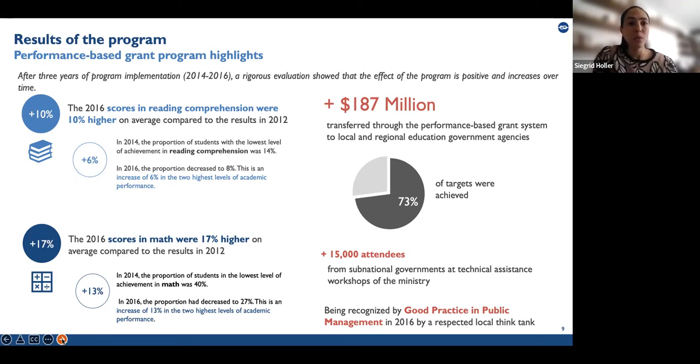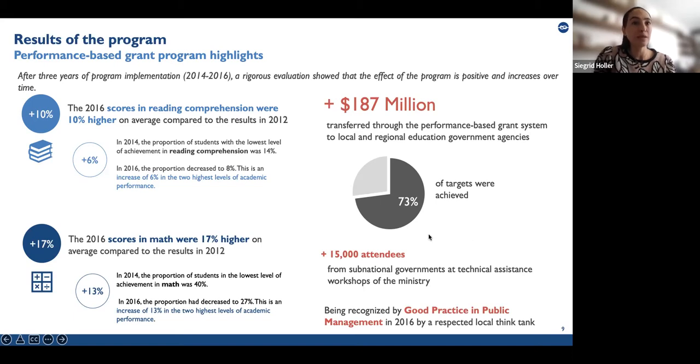There is an evaluation, we didn't do it, that measures the impact of the program, and it showed very promising results, such as increases in math and reading scores of 17 and 10% respectively. This has been a successful program. It has disbursed around $200 million, and it has been going on and improving over time, despite multiple changes in administrations in the country and in the ministry specifically.